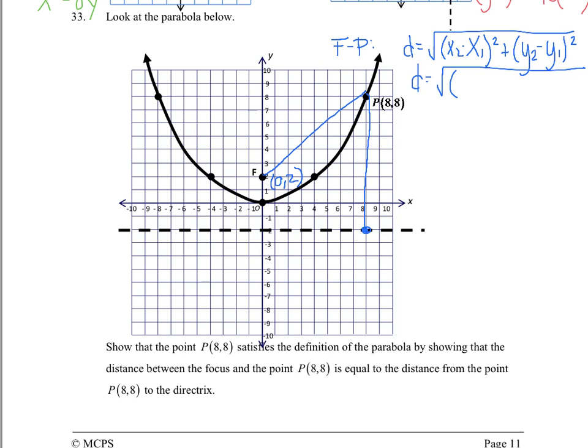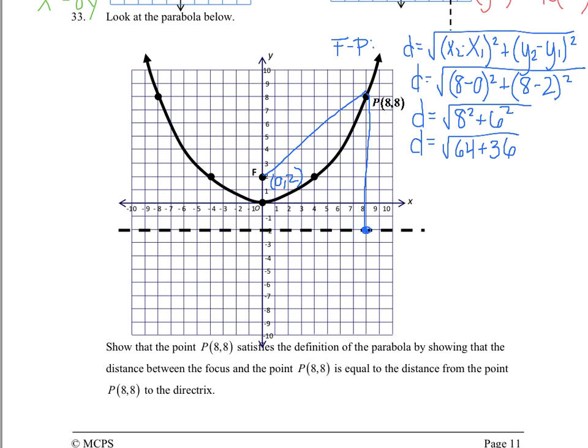So x2, 8, minus x1, 0, squared, plus y2, which is 8, minus y1, which is 2, squared. So my distance is going to be 8 squared plus 8 minus 2, which is 6 squared. So my distance is going to be 64 plus 36, which equals the square root of 100. So my distance is 10. So this distance right here is 10.